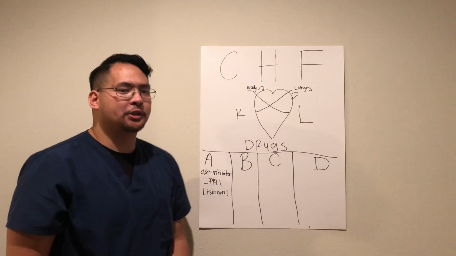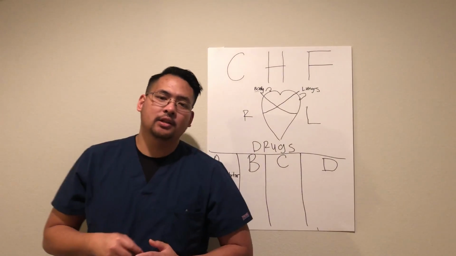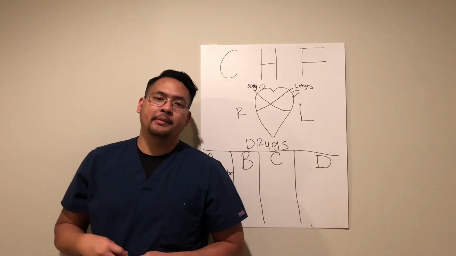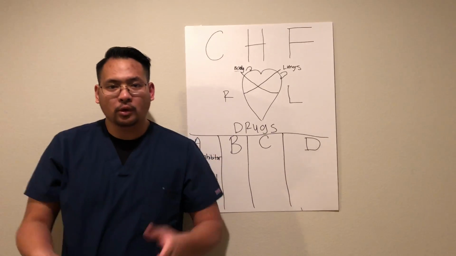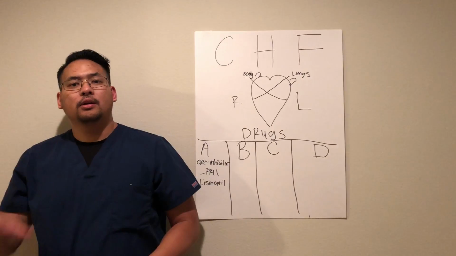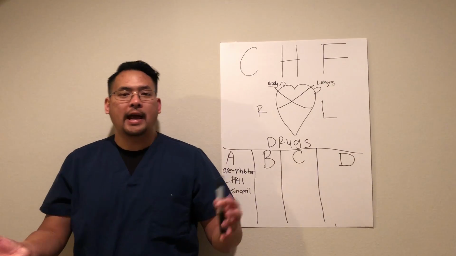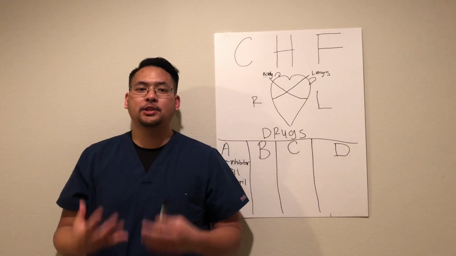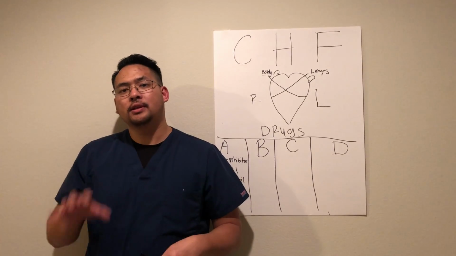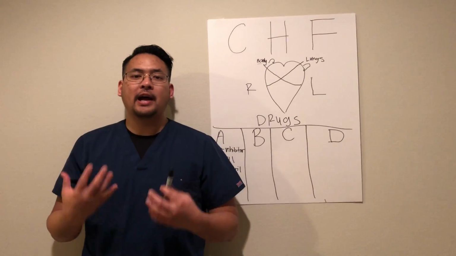Okay, so what do ACE inhibitors do? ACE inhibitors are angiotensin converting enzyme inhibitors. So when we ingest ACE inhibitors, the enzyme converting angiotensin combines with angiotensin 1 in our body and converts it to angiotensin 2, which in turn inhibits or stops the secretion of aldosterone.